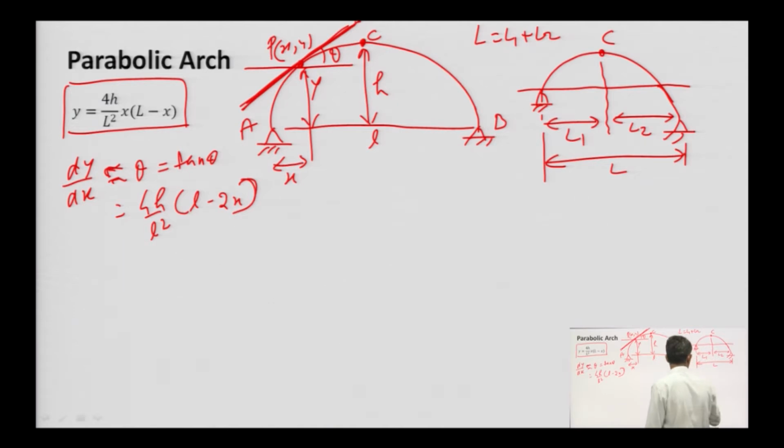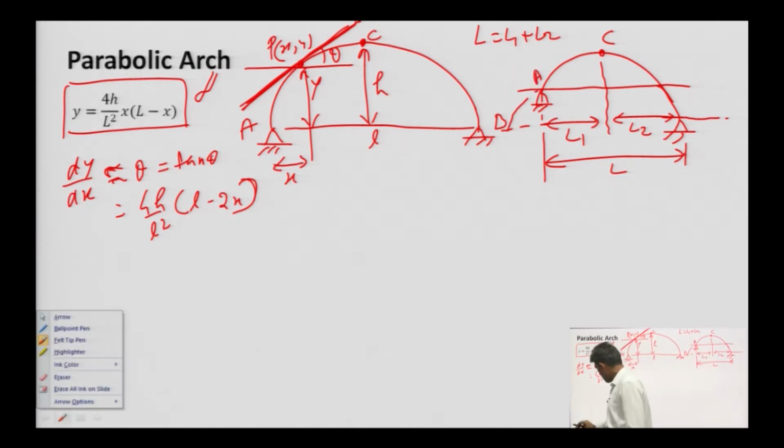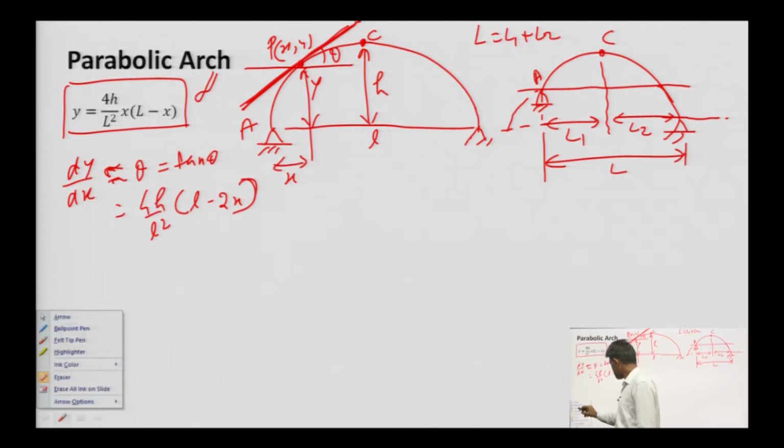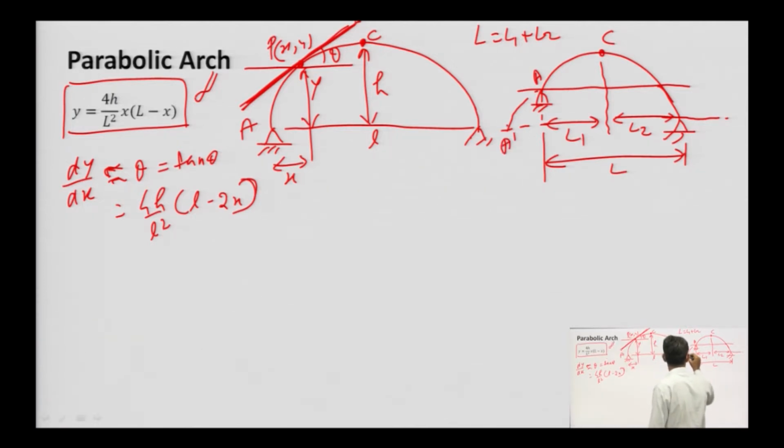Now, in that case, what equation will we use? Because the earlier equation is for a symmetrical parabolic arch, and here it is not. To make it symmetrical, if this point is A, then this other point is A dash, and this distance will be 2 L2.